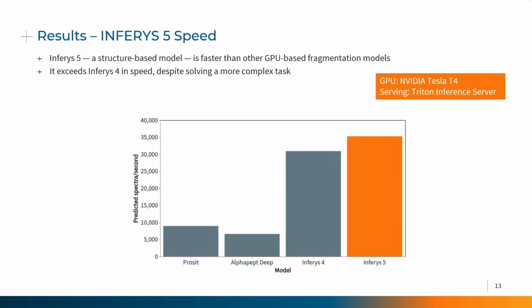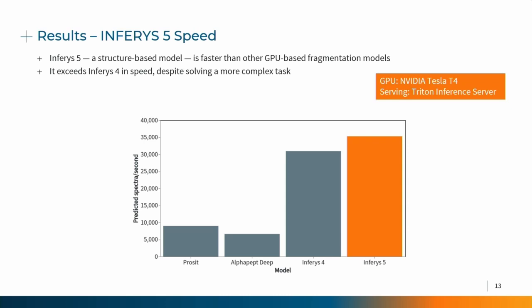To see the results of how prediction time is for INFERYS 5 and to compare it to other fragmentation models, here we show PROSIT, AlphaPeptDeep, and INFERYS 4 compared to INFERYS 5. And you see that INFERYS 5 is significantly faster than PROSIT and even faster than AlphaPeptDeep. But what's more interesting is that INFERYS 5 is also faster than INFERYS 4, even though the latest model has more complex tasks to learn from chemical motifs.